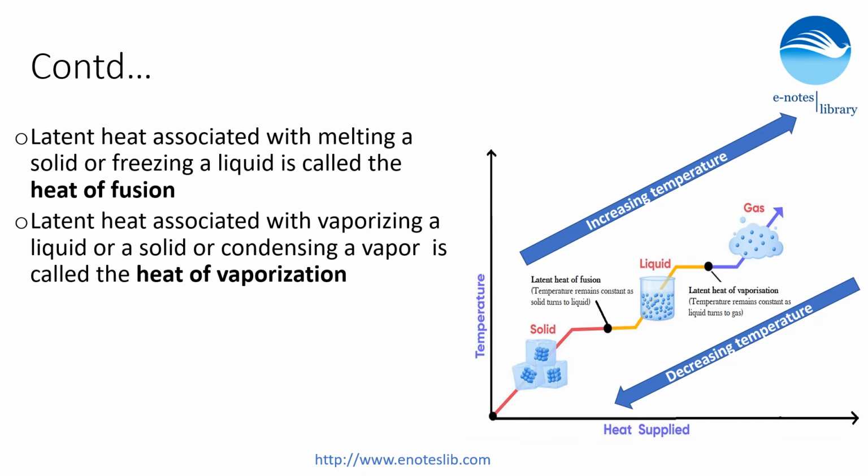Now from here, let me ask you a question. At 0 degrees Celsius, ice starts melting. So we can say that at 0 degrees Celsius, we have ice as well as water. Then why do we prefer ice over water for cooling purposes?